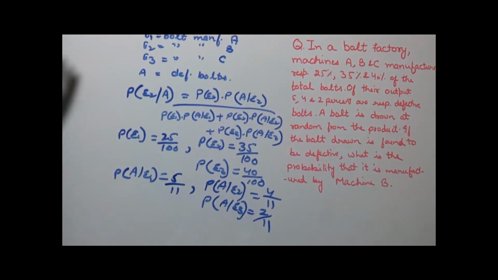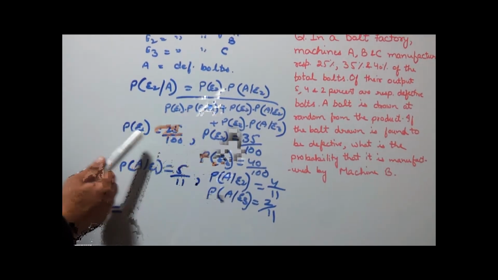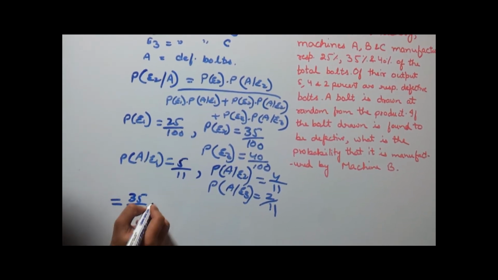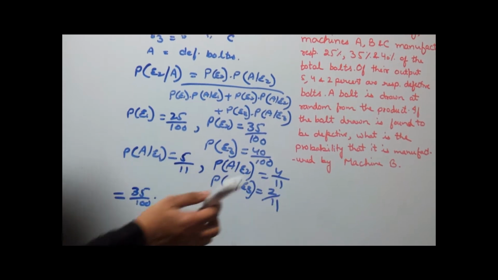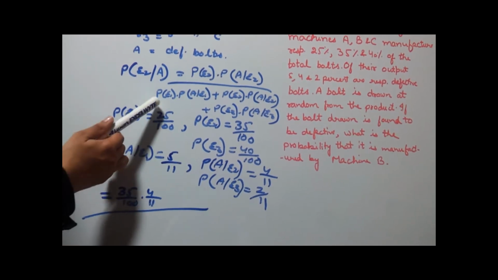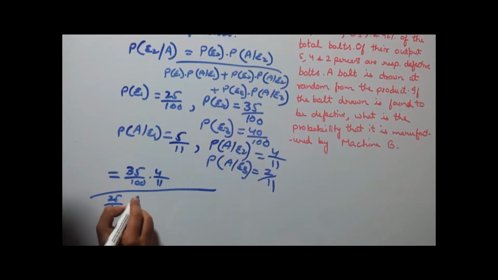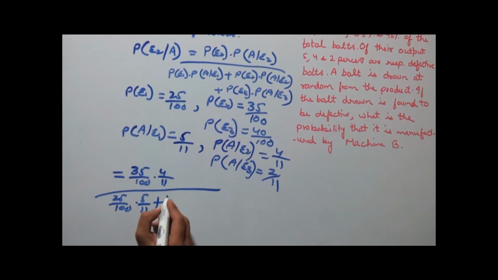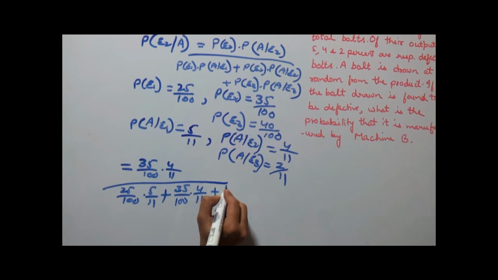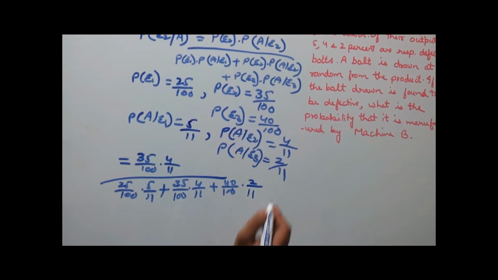Let's put these values in this formula, which would be equal to probability of E2, which is 35 by 100, into probability of A given E2, which is 4 by 11, upon probability of E1, 25 by 100 into 5 by 11, plus 35 by 100 into 4 by 11, plus 40 by 100 into 2 by 11.